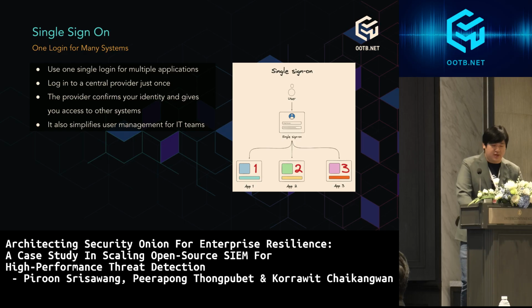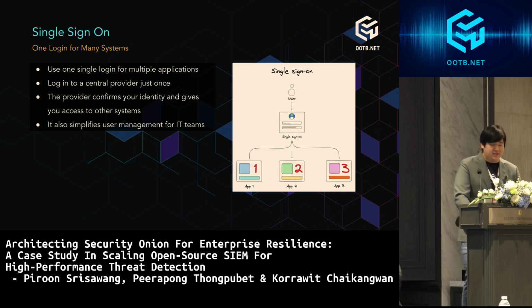Now let's move to single sign-on, or SSO. The idea here is simple. Instead of separate usernames and passwords for every system, you log in once to the central provider and then you gain access to multiple applications. For the end user, this makes life easier: one password, one login.